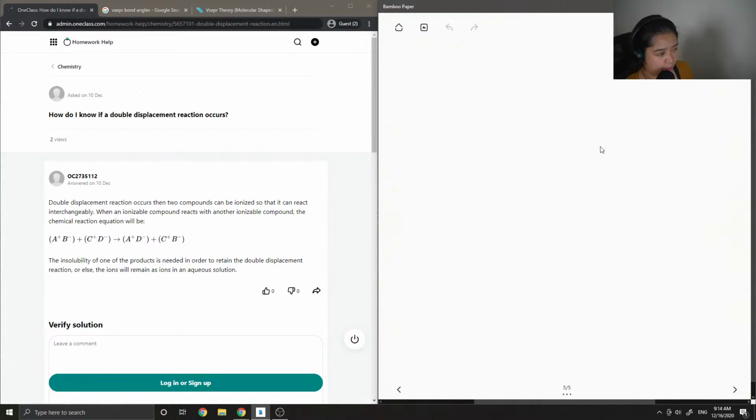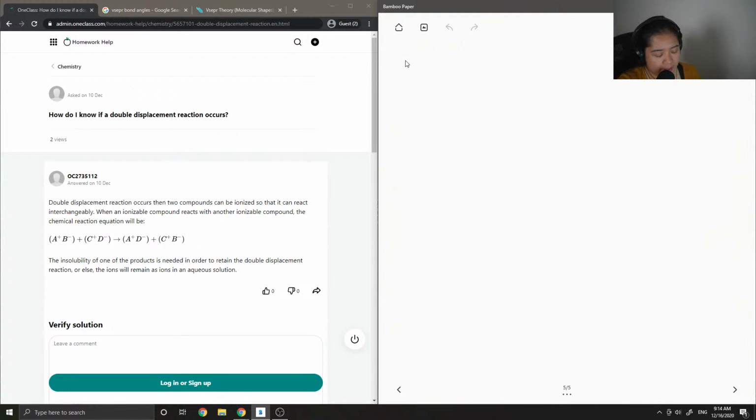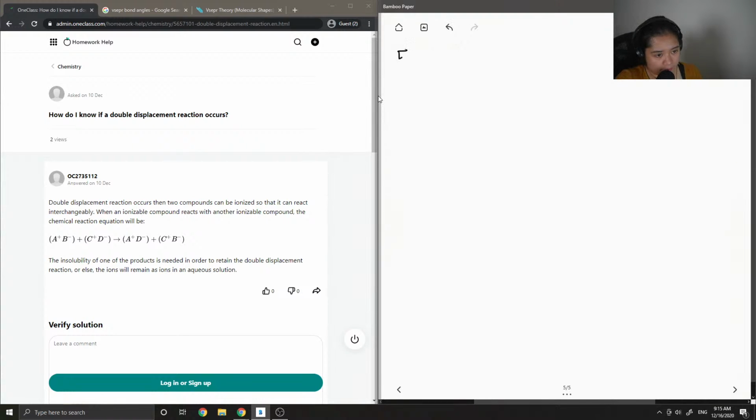Okay, so question number 5 asks, how do I know if a double displacement reaction occurs? Okay, so a double displacement reaction. So just a brief definition.